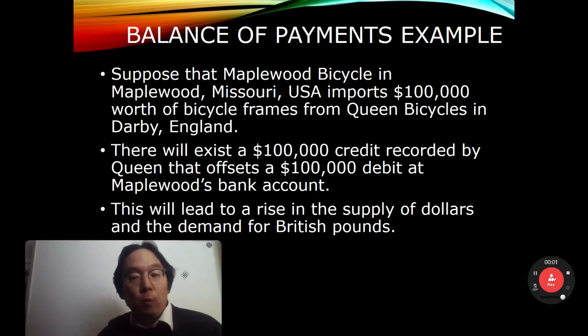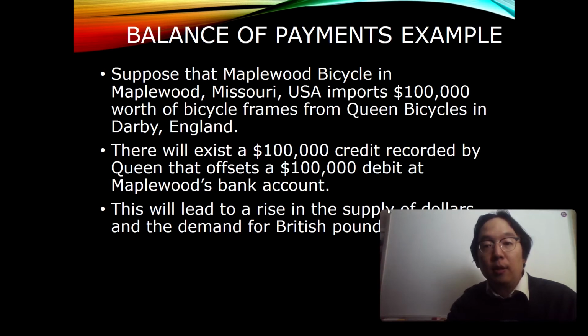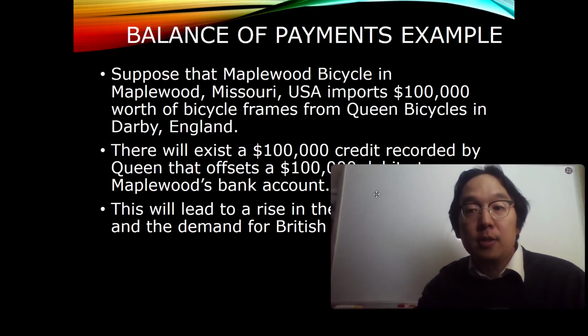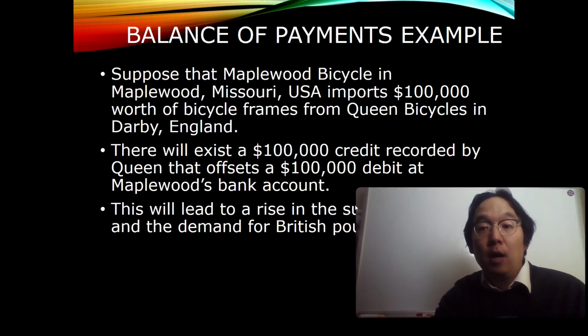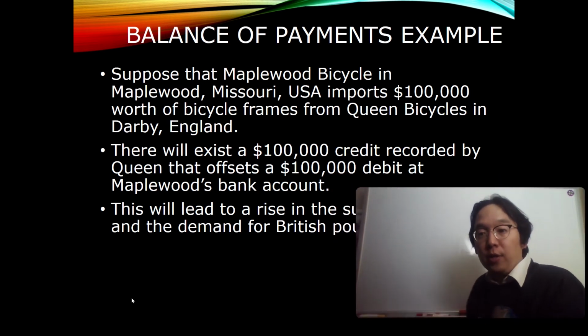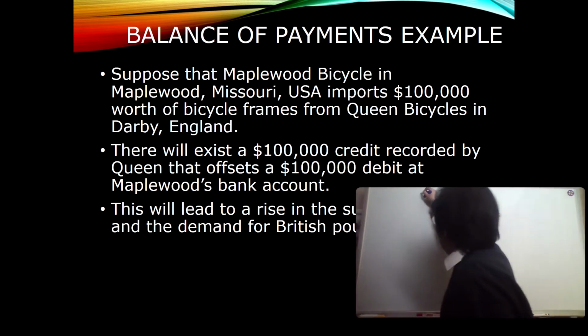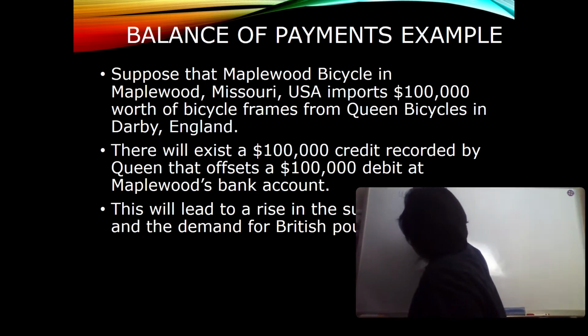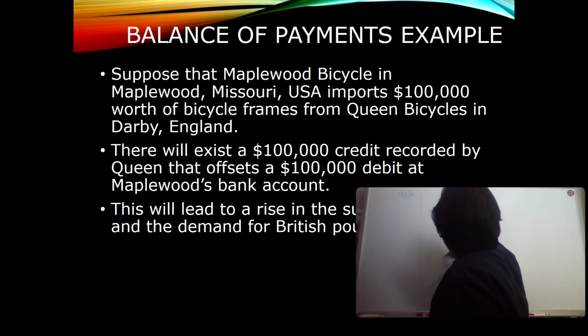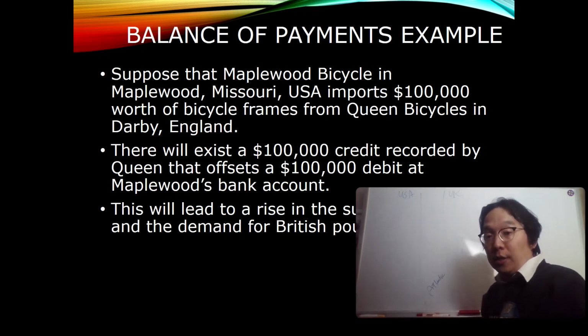For one example, let's consider this kind of hypothetical transaction. Okay, import-export across the Atlantic Ocean. Here is the Atlantic Ocean, and you have the USA and the UK, okay, British versus United States.